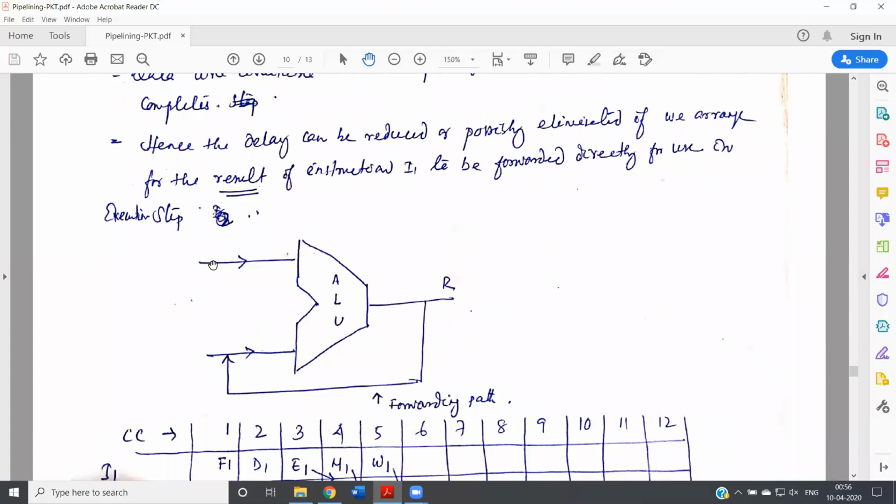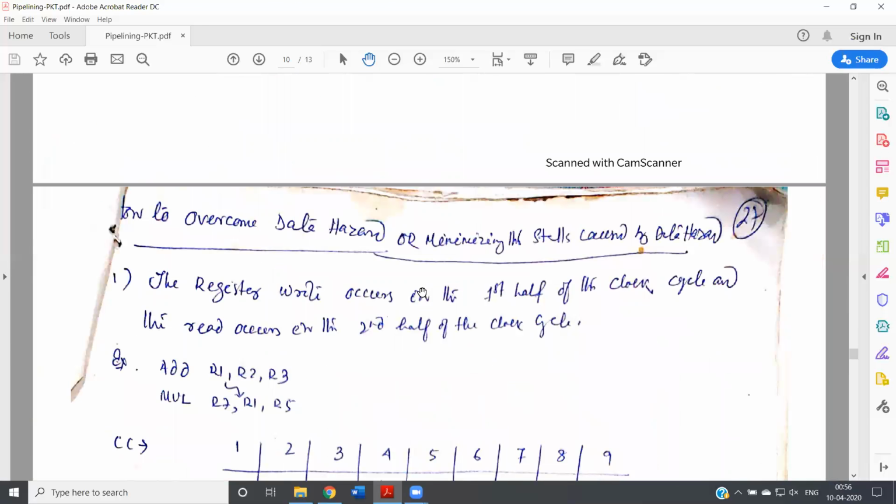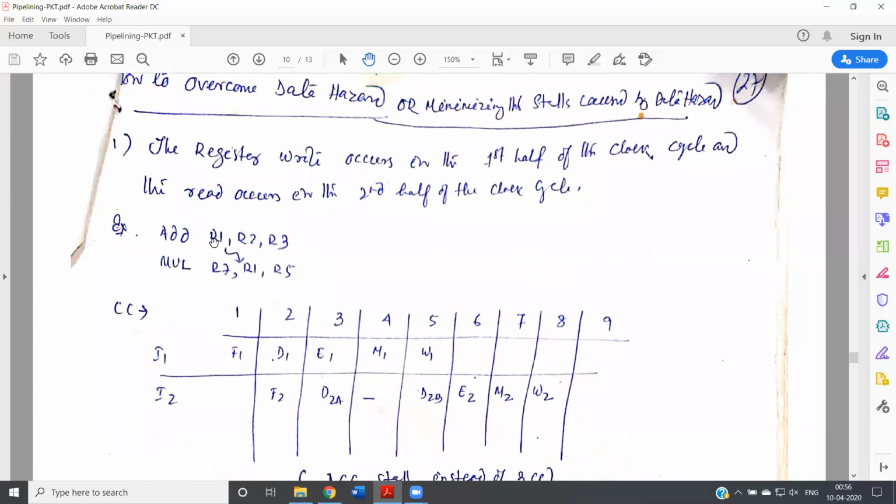This is the ALU, which takes two inputs, does the operation and produces the result. Suppose the first instruction is add R1, R2, R3 and the next is multiply R7, R1, R5. The two values are added and stored in R1. The second instruction reads from R1, therefore there is a dependency.